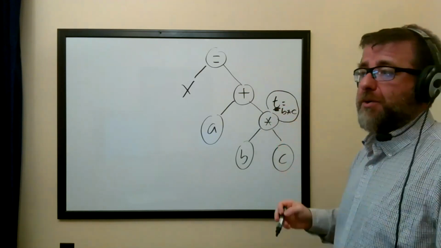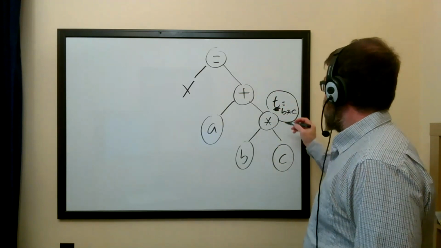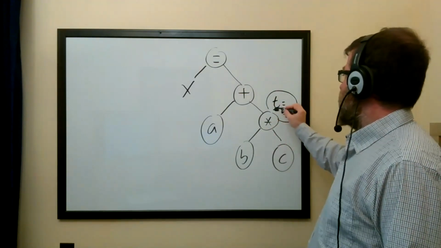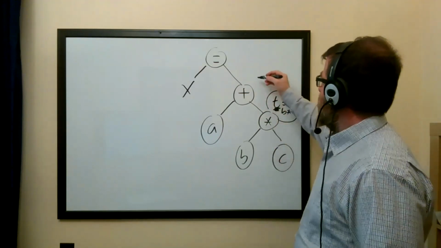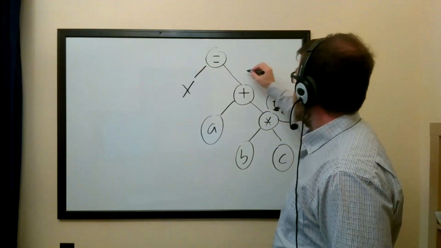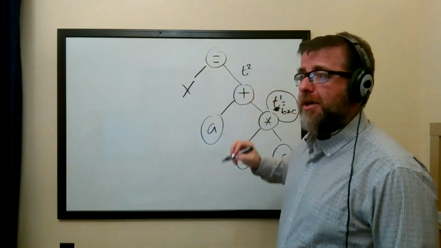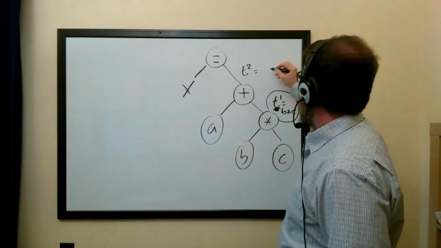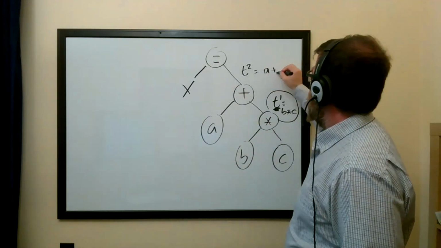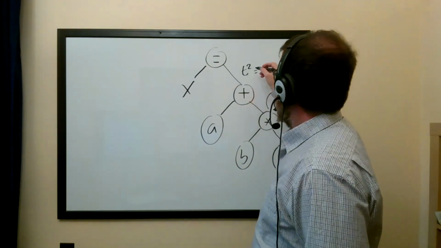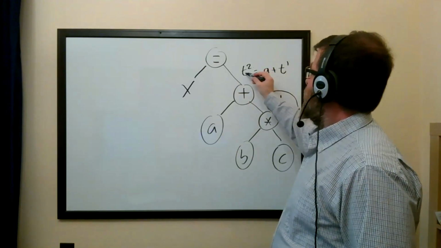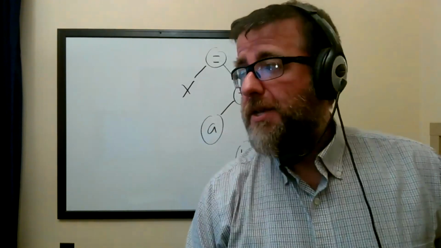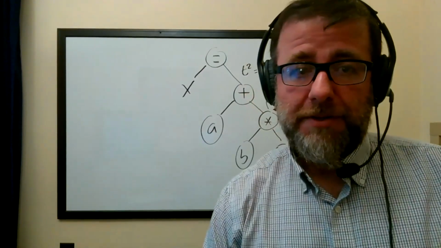That's going to be a recurring theme in this lecture: this notion that a certain subtree is represented by a temporary result. Then eventually you have T1 here, and then T2, a plus T1. And then eventually you take T2 and put it into X. Okay, so let's go back to the slide.